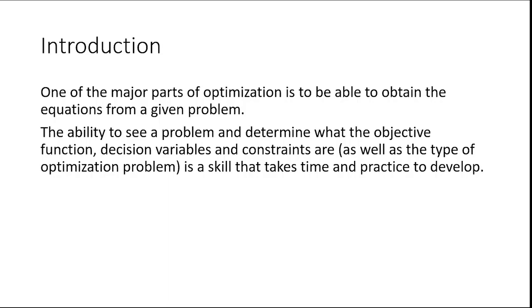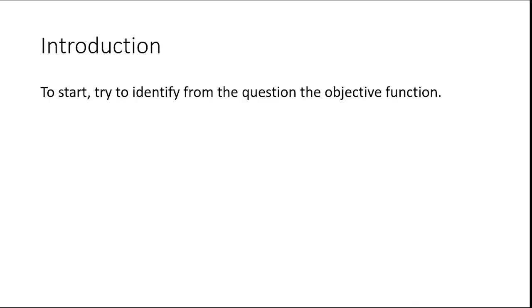Even though I will show you a few things to take note of in order to determine this is my objective function, these are my decision variables, these are my constraints, and even the type of optimization problem, whether it's linear, non-linear, an integer problem, or a mixed problem, you would need a lot of time and practice so that you can become good at it. So let's look at the various aspects of what we are talking about.